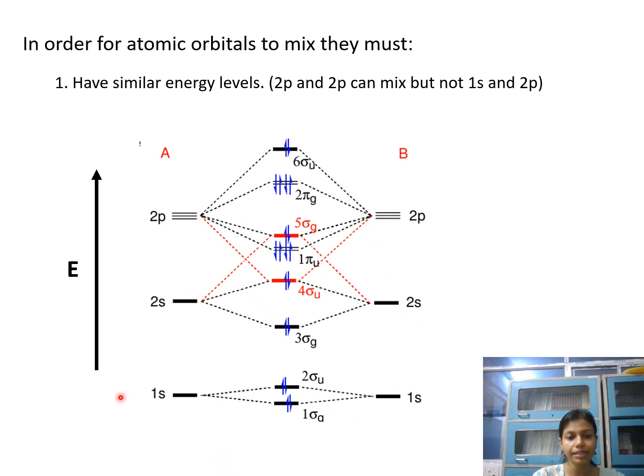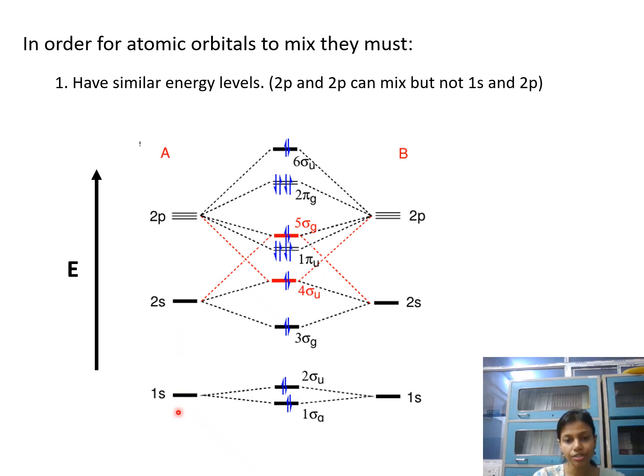You can see that energy increases upwards, and let's say atom A and atom B are making a molecule. Atom A has atomic orbitals 1s, 2s, 2p. Similarly, B also has those orbitals, and they are placed energy-wise.